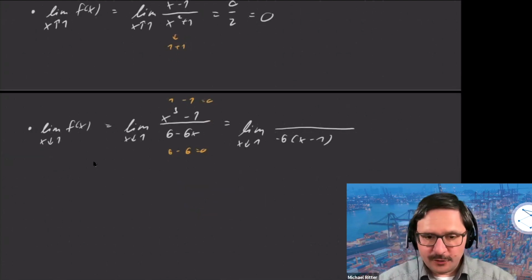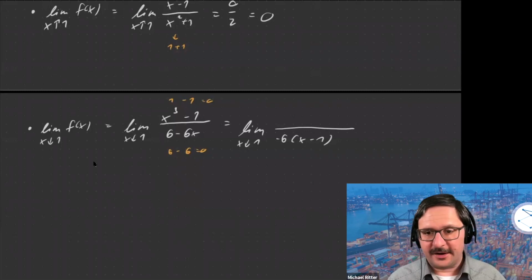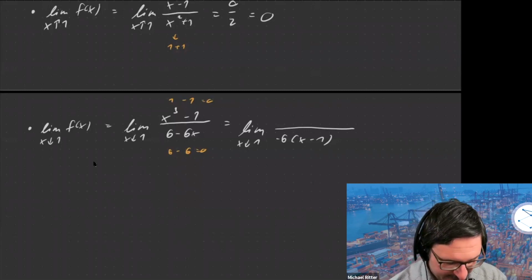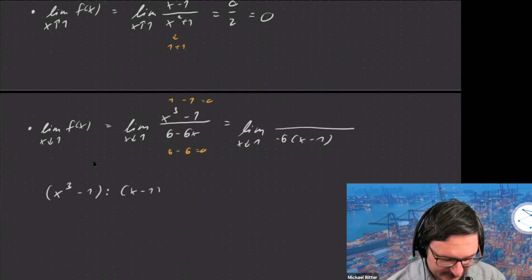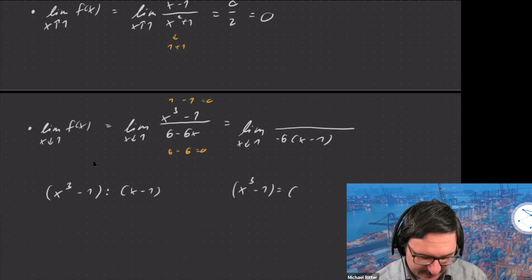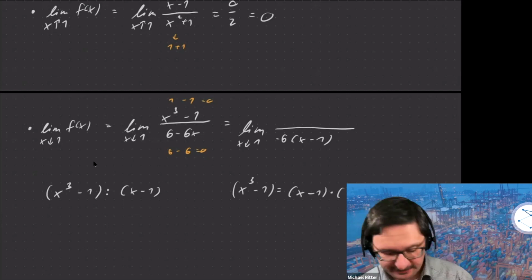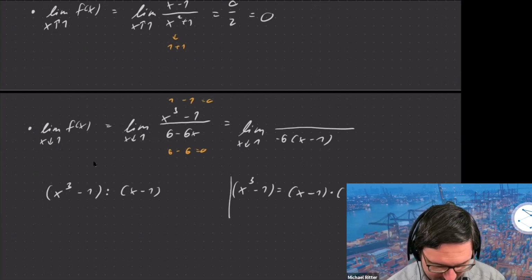For the numerator, just for practice, let's try again to divide this polynomial by the linear factor x minus 1. So we have x to the third minus 1, and we want to divide that by x minus 1, or as an alternative way of expressing it, we want to represent that polynomial in the form x minus 1 times something, and we're looking for that something. Okay, so what do we need to do?